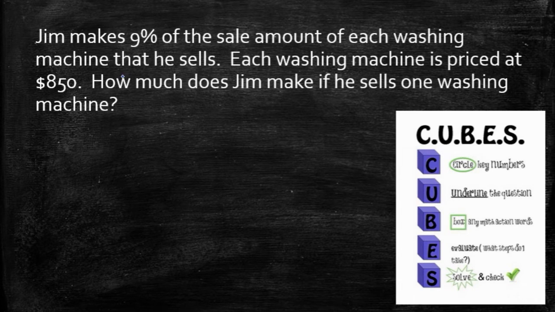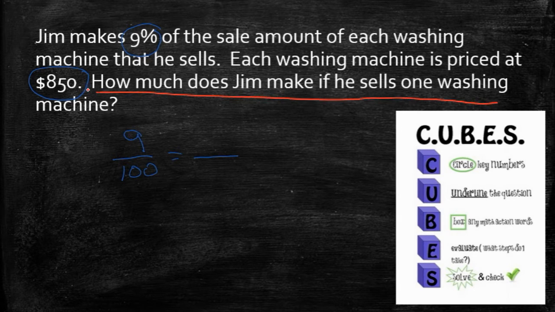Let's go ahead and set up our proportion. We know 100 goes on the bottom. We know our percent goes on the top. And I'm going to go ahead and use my cube strategy here as well. So I had my numbers circled. I'm going to underline my question. And let's see.